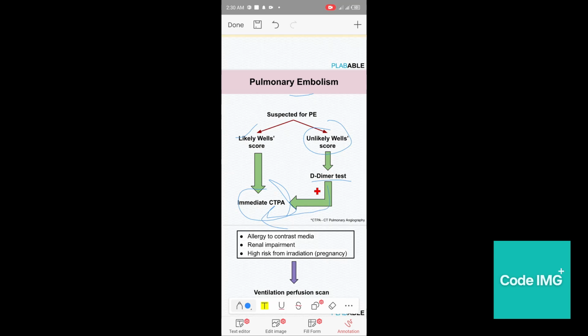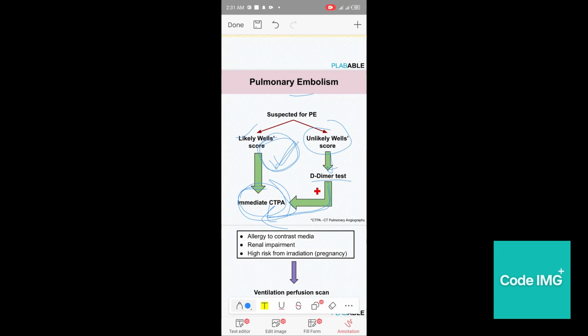In a patient who has a high Wells score, you need not wait. Give the anticoagulant and send the patient for immediate CTPA. If the patient has a low 2-level PE Wells score, then get the D dimer. If it is positive, then go for the CTPA. But if the Wells score is high, give the anticoagulants, heparin, and then go for CTPA.